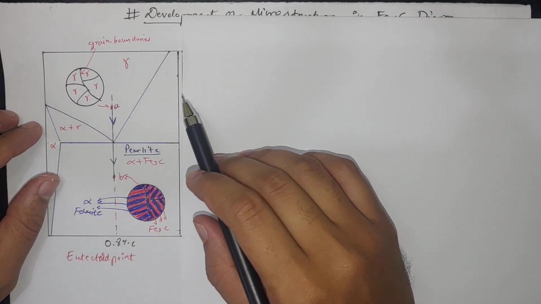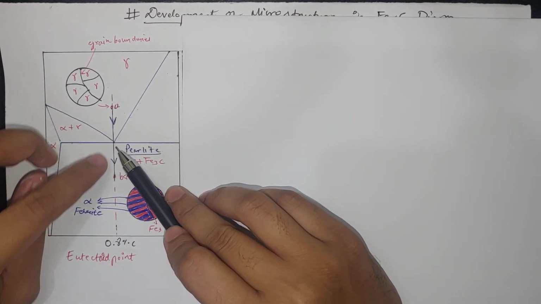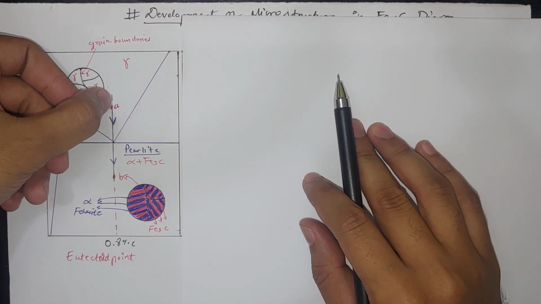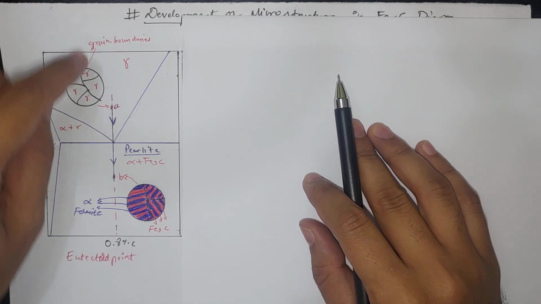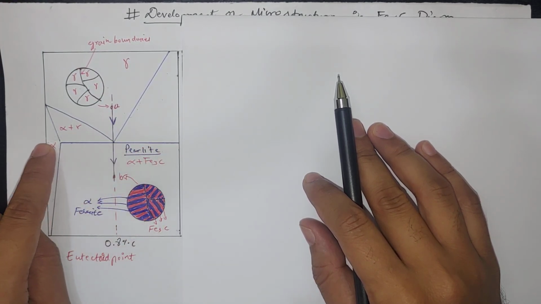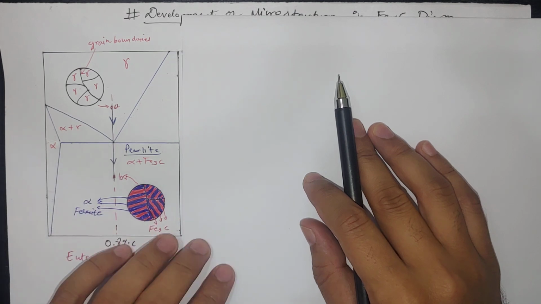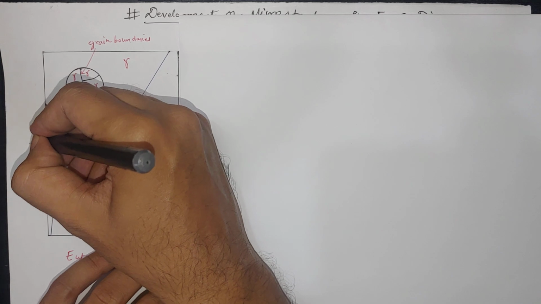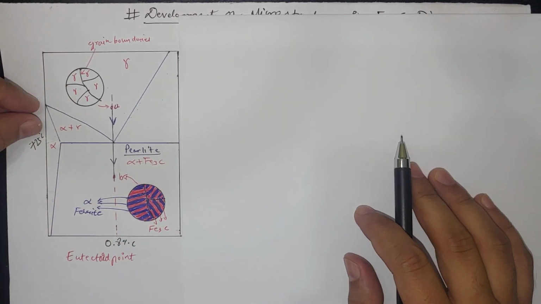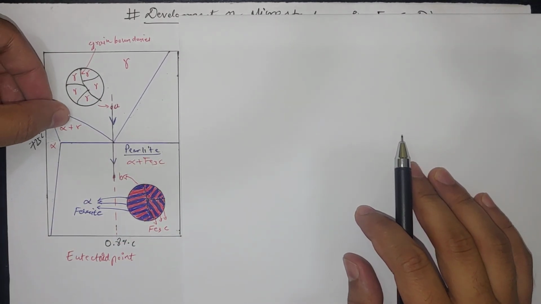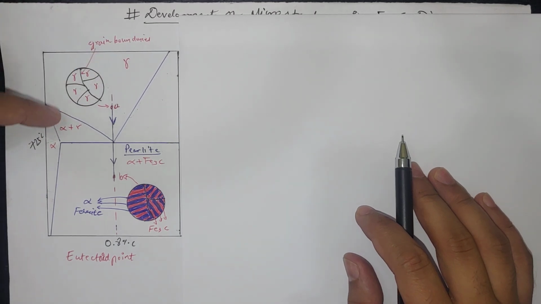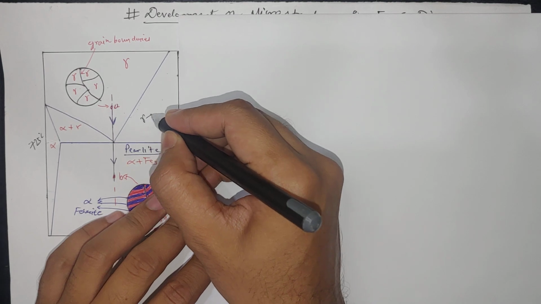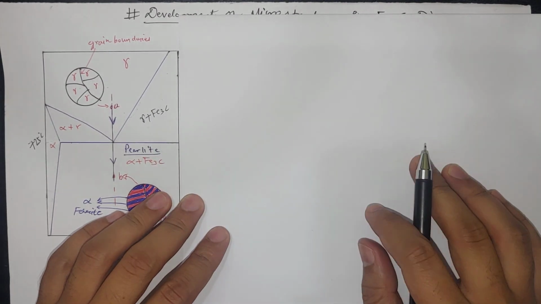So first we will take 0.8 percentage of carbon and we will cool it from the austenitic region, meaning above the 725 degrees Celsius line. So at this particular eutectoid point we have 725 degrees Celsius, and here alpha plus gamma and gamma, three different structures are present, and here we have gamma plus Fe3C, which we call ledeburite.